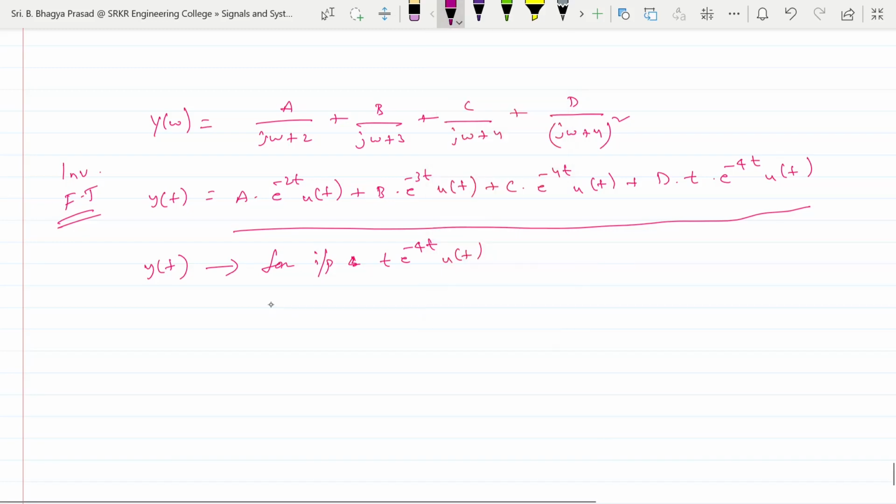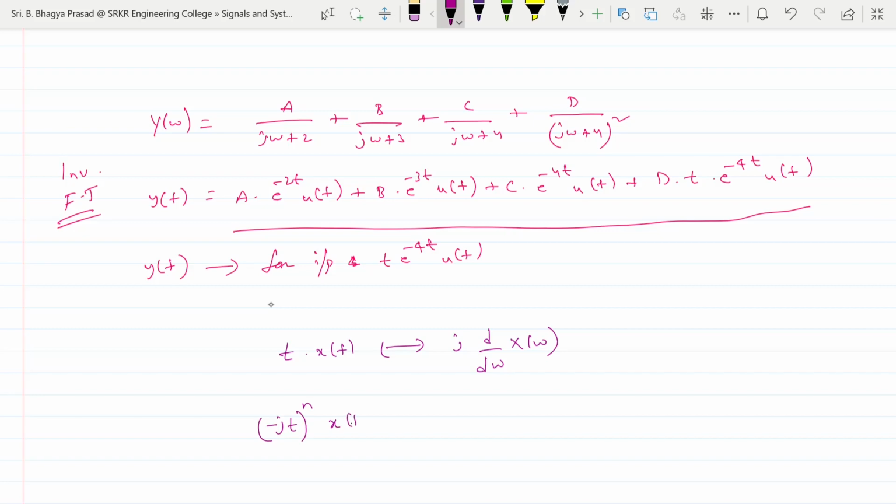That is, t into x of t has Fourier transform j d by d omega of X of omega. Okay, and if there is a t power n, then minus j t power n x of t Fourier transform will be d by d omega of X of omega.